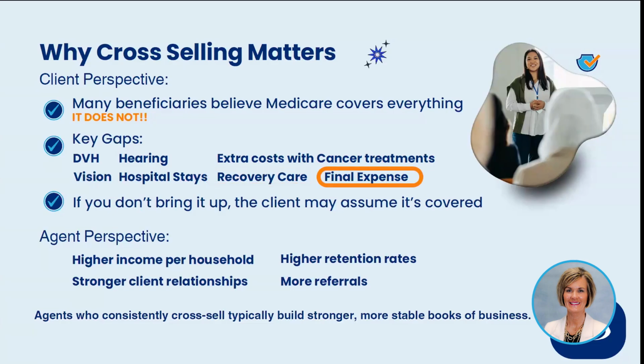And what about end of life expenses? I don't know if you guys have checked on that lately, but funeral costs are very expensive. An average funeral is about $11,000, and that's just for a basic funeral. So their families will be very burdened with the cost of that if they don't have a policy in place.